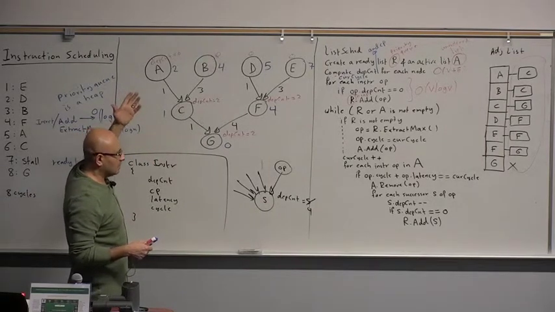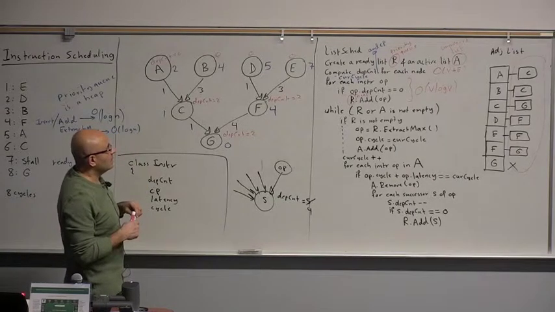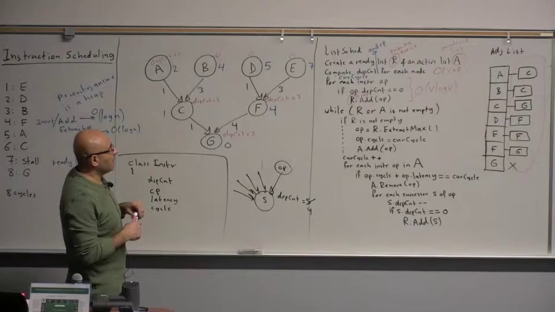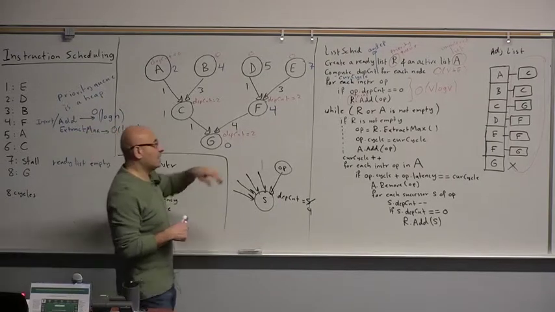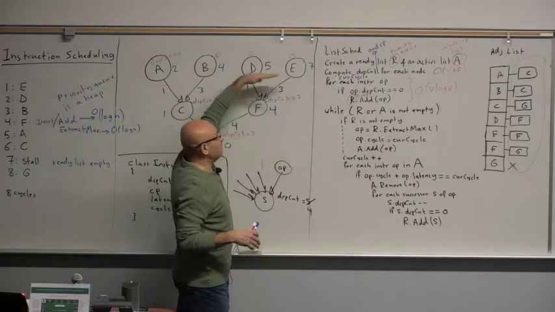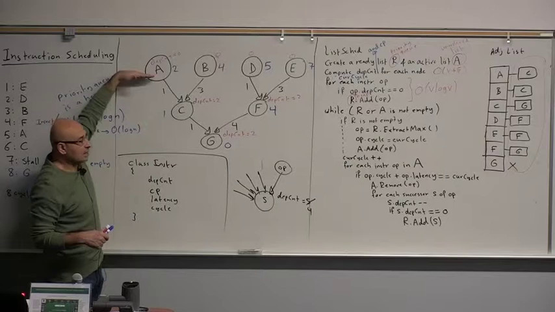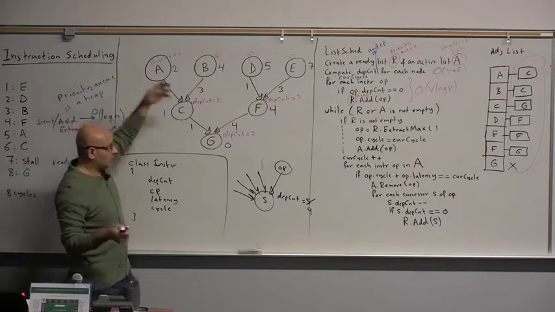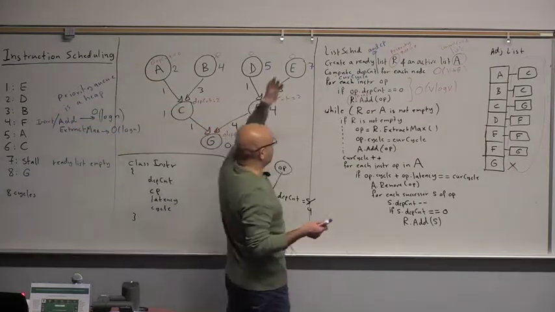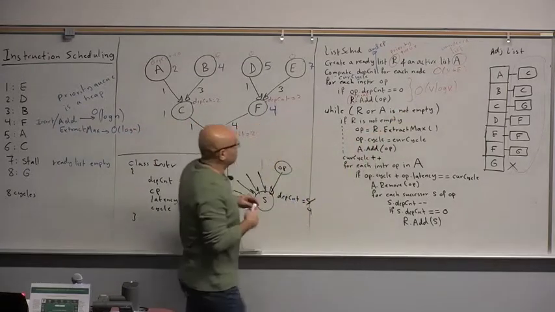In general, it will be much less, because these root instructions typically will be a small subset of the instructions. But in the worst case, all of them could be. So this is a worst case estimate.